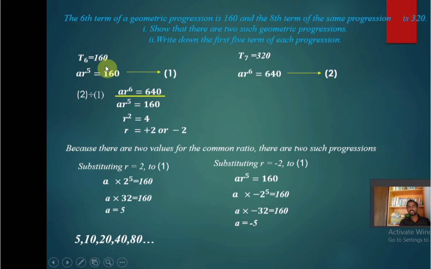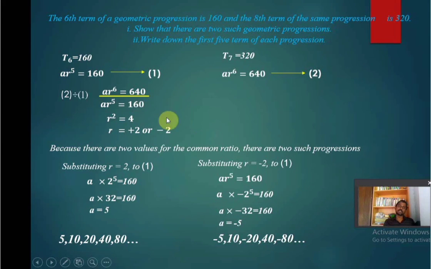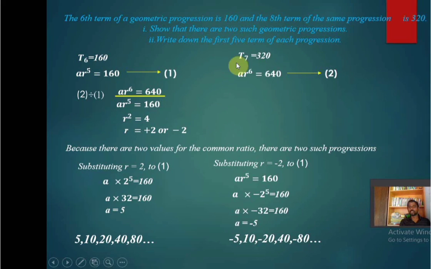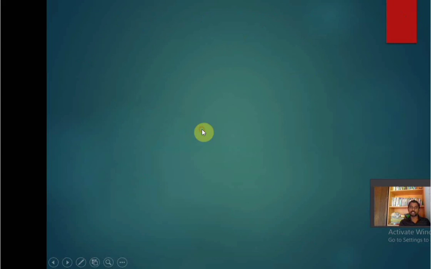The sixth term 160 will come, you can simply write it. Then for the other, the first term should be minus 5, so it will be minus 5, 10, minus 20, 40, minus 80, right? This is a method to simplify: if any two other terms are given, we divide one equation by the other.